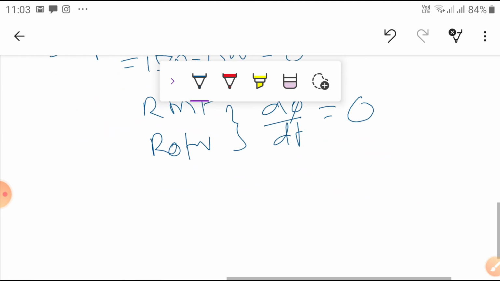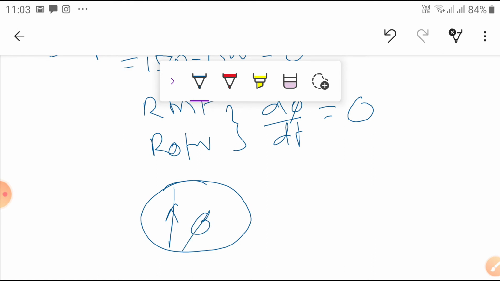If there is no current flowing through the rotor conductors, there is no flux. If there is no flux, no torque is developed. If torque is not developed, due to inertia the rotor will try to slow down, because the driving force is zero in this case. No torque, driving force is zero, so it will try to come to the standstill position.